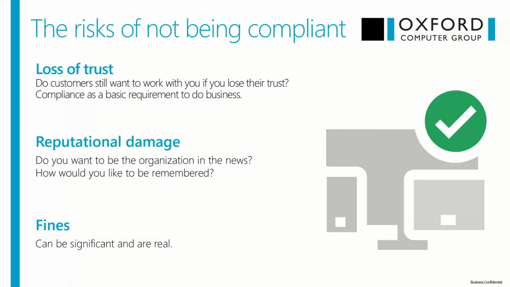GDPR, for instance, is one that was talked about a lot when it came into effect back in 2018. The first thing that comes up, of course, is the fines that can be imposed on organizations for failure under GDPR. But of course, it's not just the fines that are the most important risk of being out of compliance.